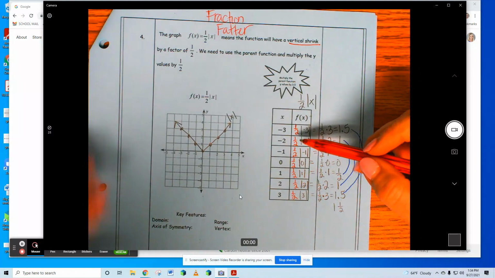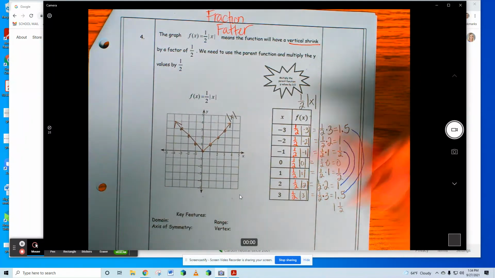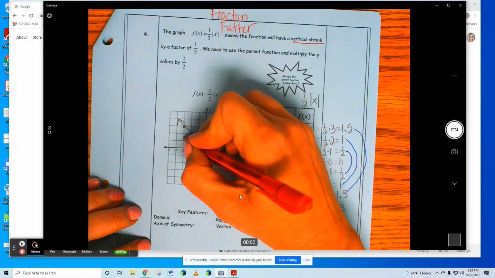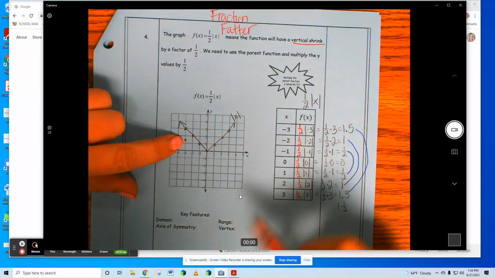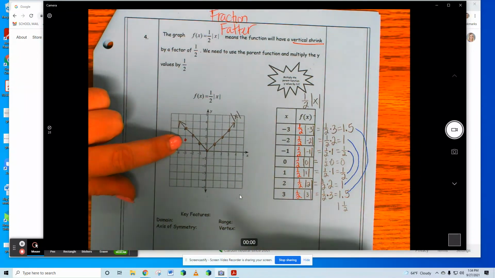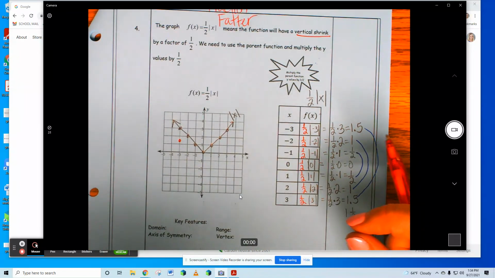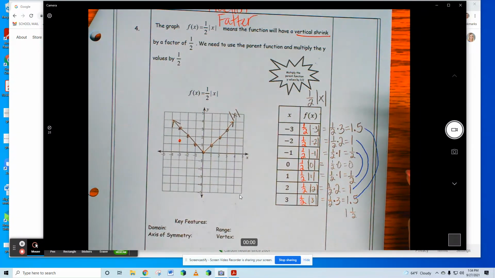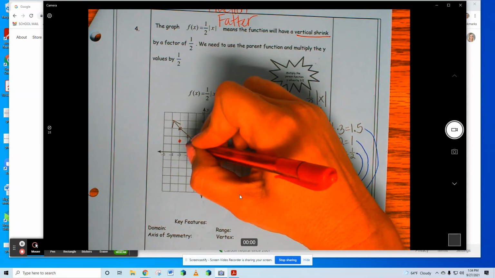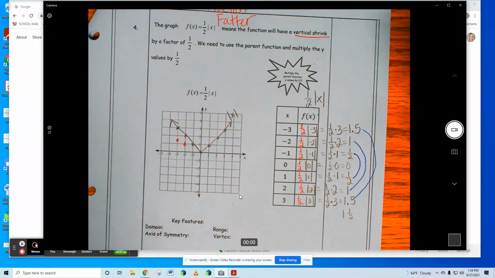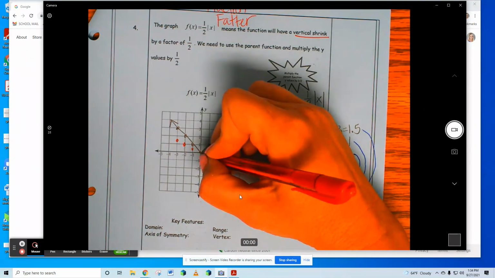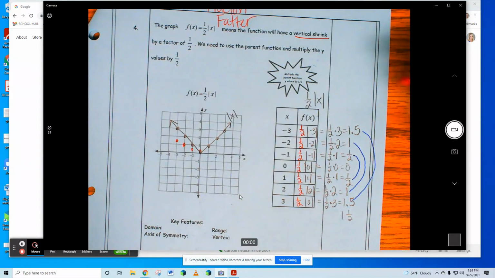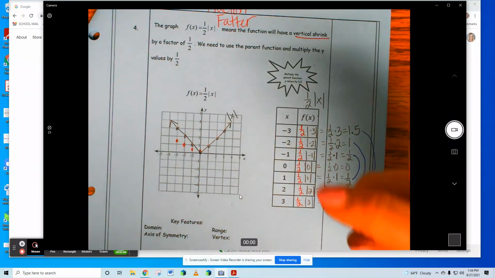Over 3, only go up 1.5. 1.5 is in between 1 and 2, halfway. Over 2, up 1. Over 1, up 1/2. 0, 0.